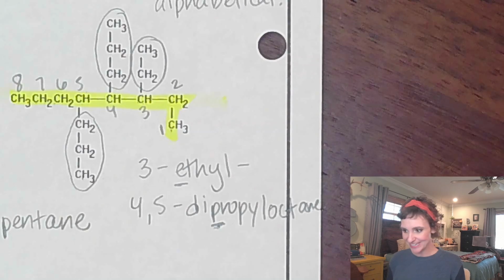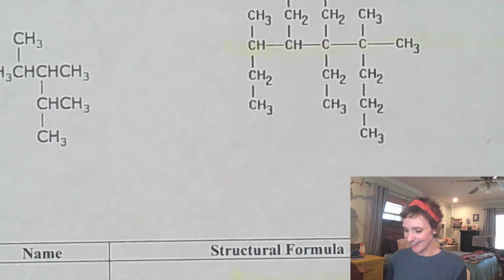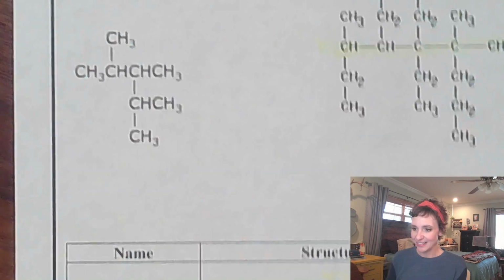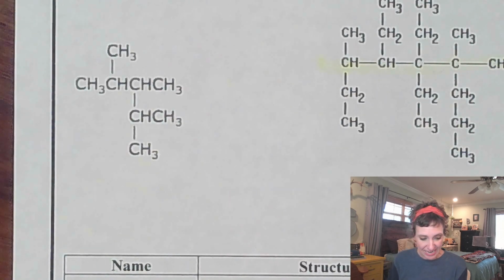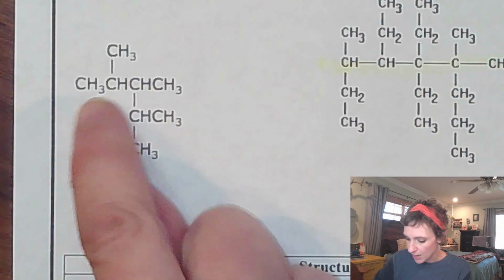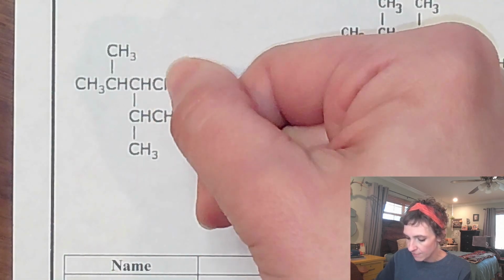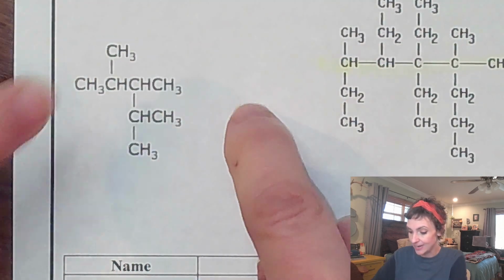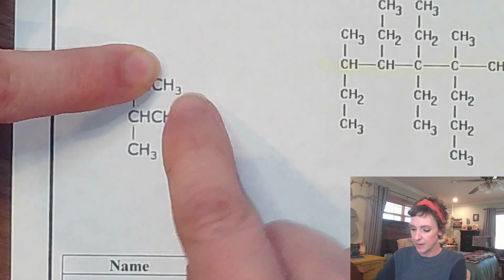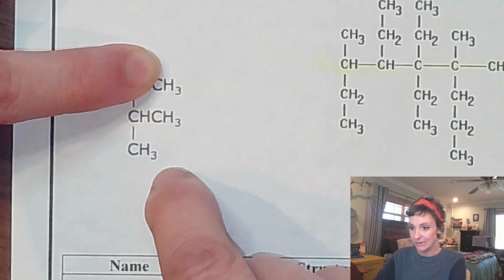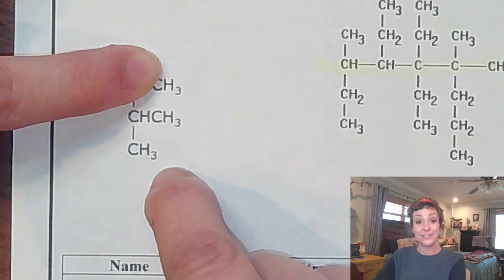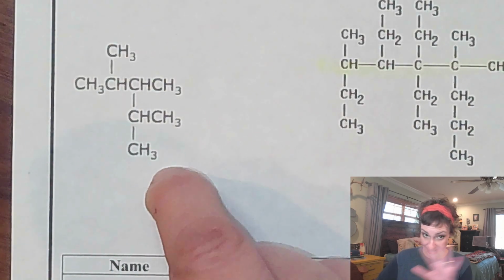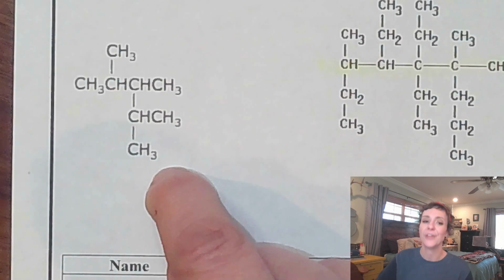Okay, got a few more examples. This is getting fun. All right, longest continuous parent chain. It looks like if I go 1, 2, 3, 4, 5 this way, but if I picked this 5, I can already see that one of my branches would be a branch upon a branch situation, so hopefully there's a better option, which in this intro unit there will be.